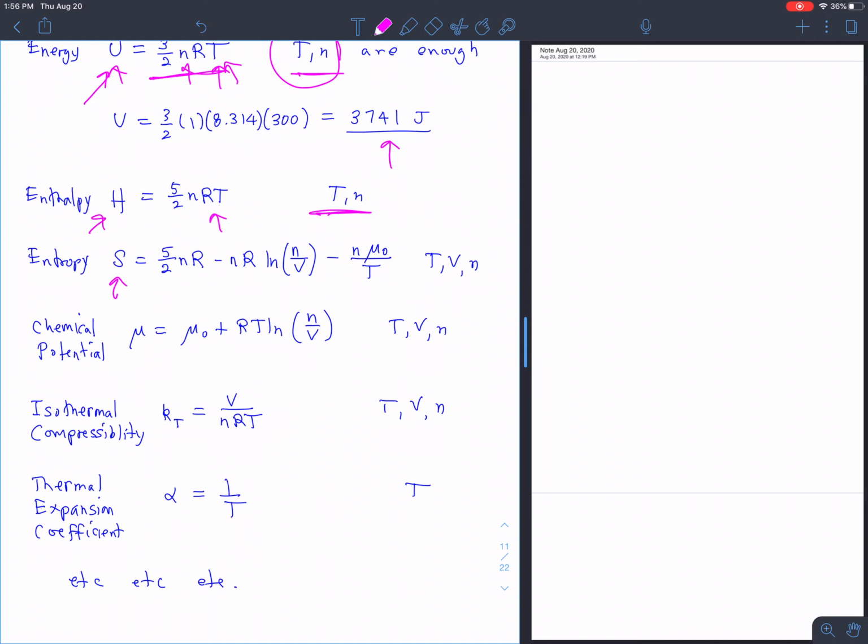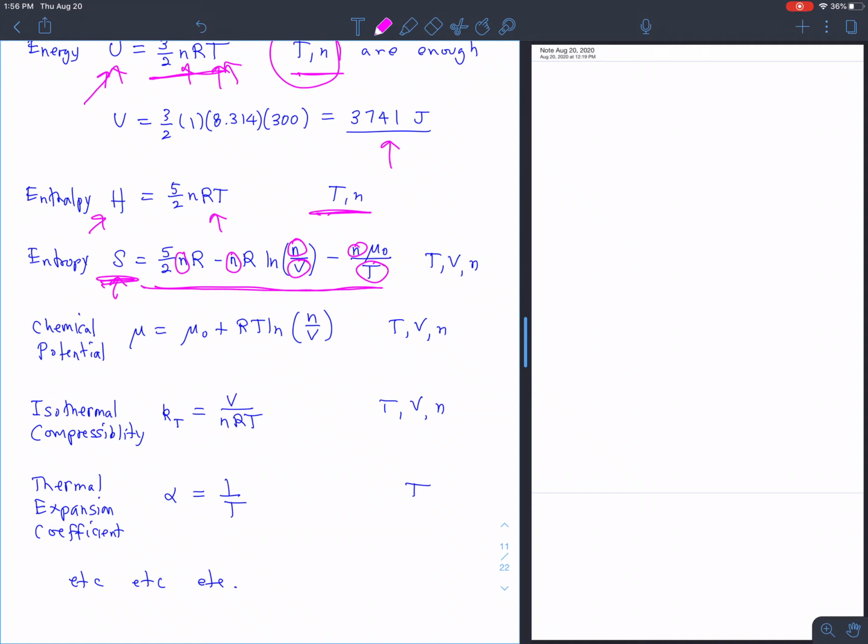Here's the entropy in this case. We talked about entropy last couple of lectures. We have a feeling for what that is, but there's a thermodynamic way of thinking about it. We'll talk about entropy a lot in coming days. Here's the expression for the entropy for an ideal gas. And let's look. There's mole numbers, there's mole numbers, there's mole numbers, there's volume, there's mole numbers, there's temperature.